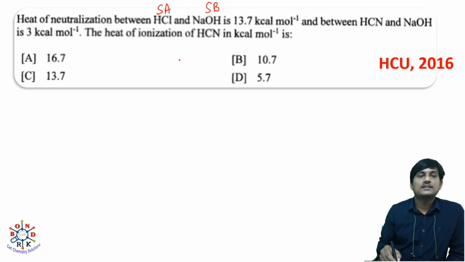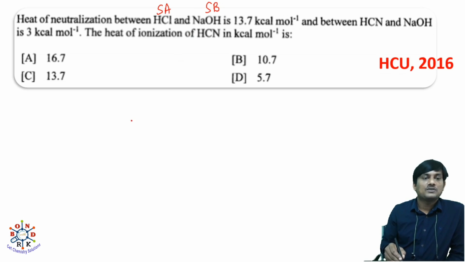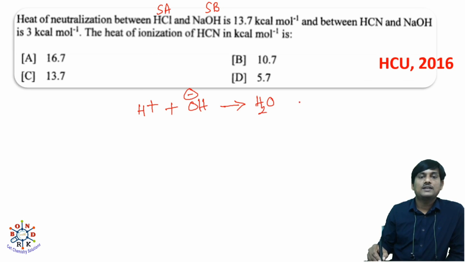For ionization, there is no need of energy. So in this case, there is a release of H plus from HCl and OH minus from NaOH, and there is a neutralization giving H2O. Here what is the Q value? Q neutralization is equal to minus 13.7 kilocalorie mole inverse.